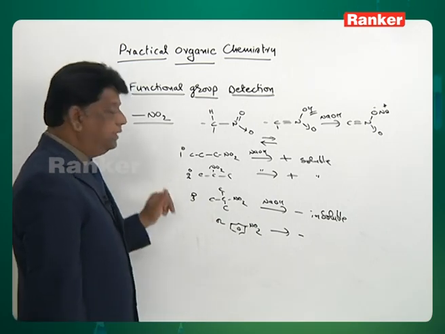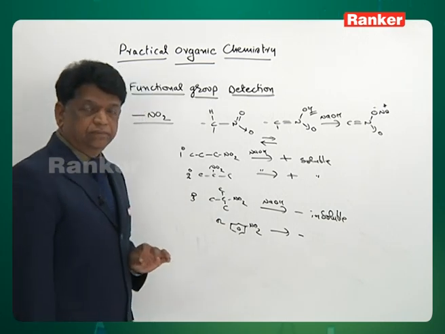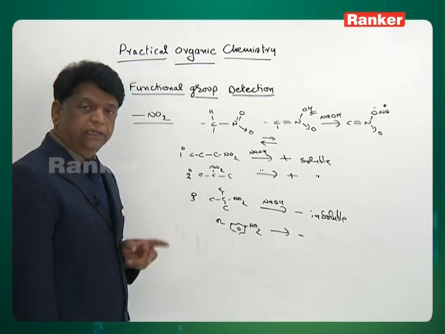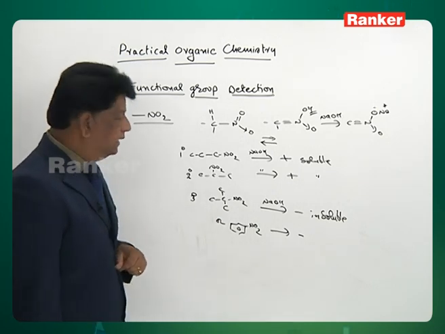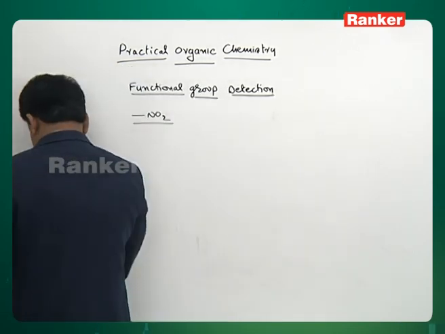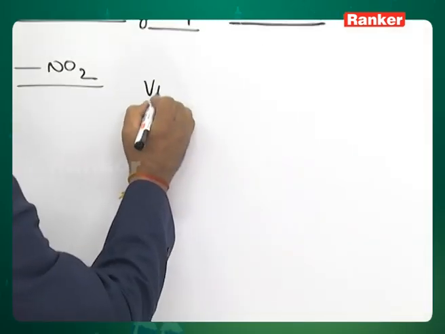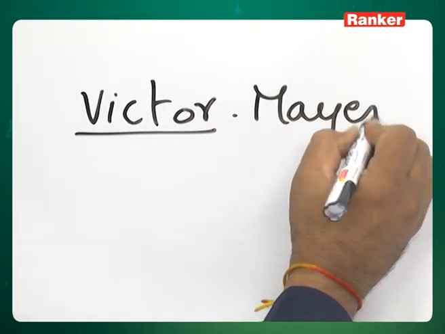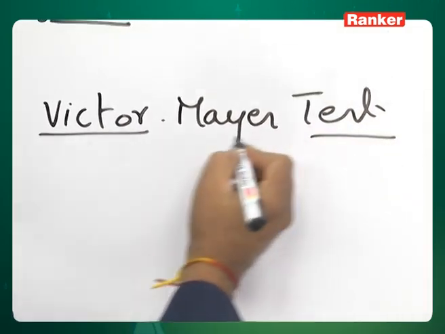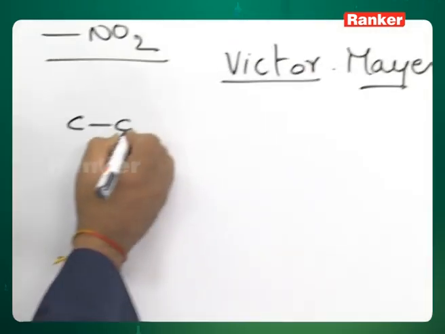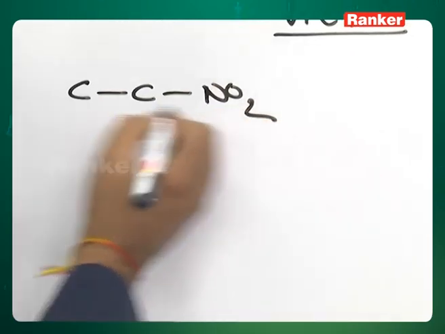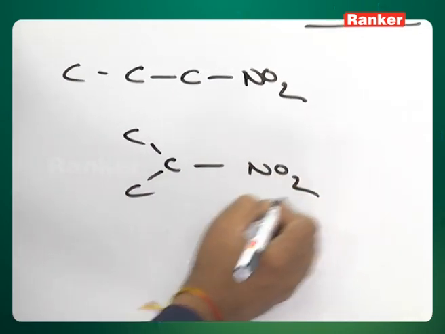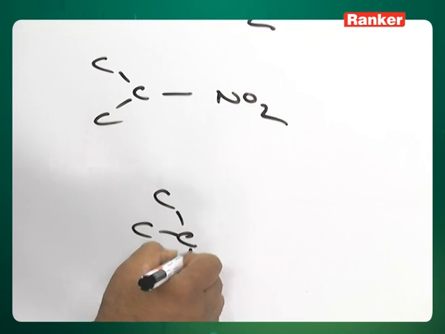But 1 degree, 2 degree, 3 degree specifically in aliphatic systems, we have one more common test called the Victor-Meyer test. With that test you can differentiate the 1 degree, 2 degree, 3 degree. In this test, we will take a 1 degree nitro compound, a 2 degree nitro compound, and a 3 degree nitro compound.